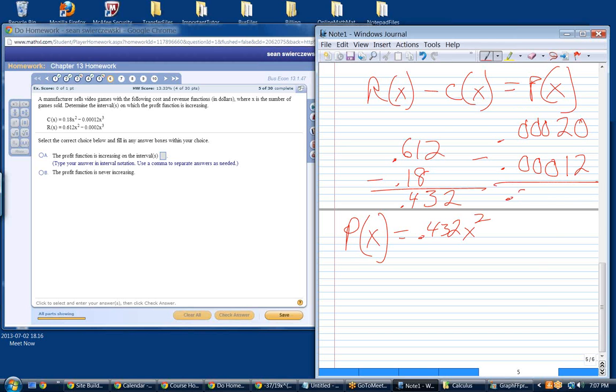So we got 0.00008. And that is a positive number. x cubed. So there's our profit function.